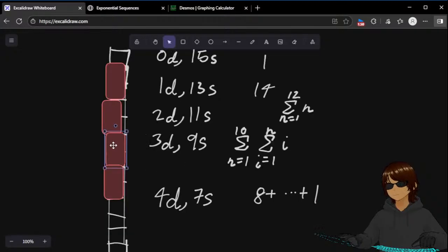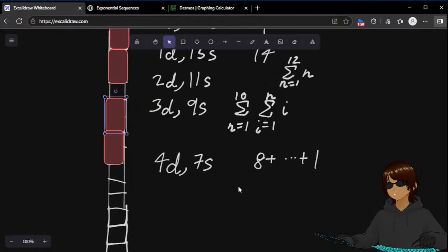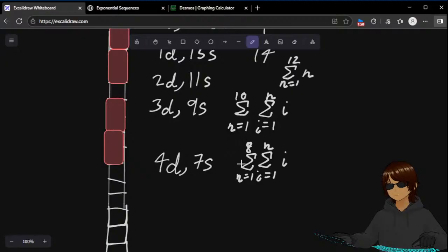And then this will be shifted 1 down. This will be shifted 1 down. And then we do 7 to 1. Okay, so we have from 8 to 1, then 7 to 1, then 6 to 1.